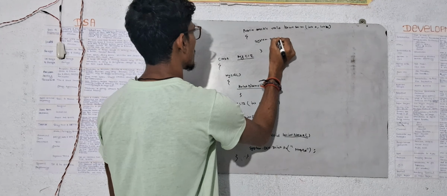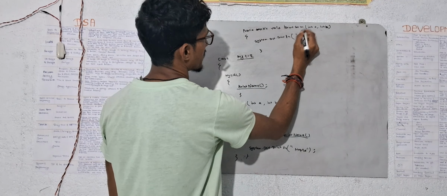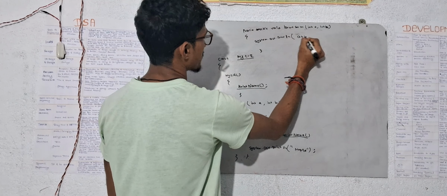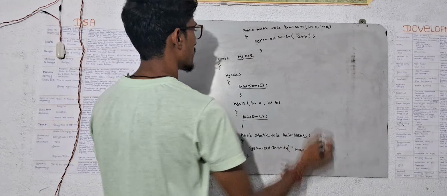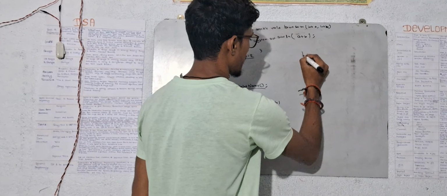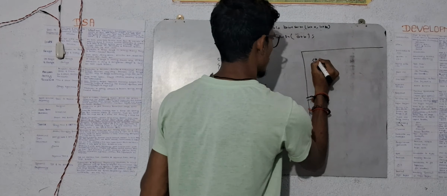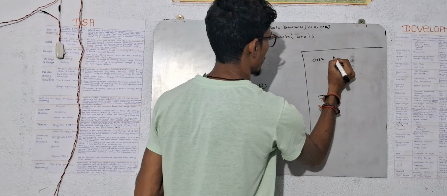System dot out dot println a plus b. And now we will write the main code. So class main.